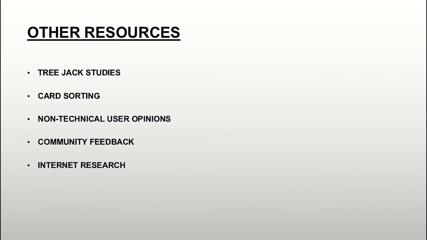Some of the other resources that we used to validate the information architecture are given below. They were the Treejack survey, the card sorting, the non-technical users' opinions, the community feedback, and the internet research. The new information architecture, more examples of previously shown problems, additional suggestions, as well as recommendations have been added in a project work folder.